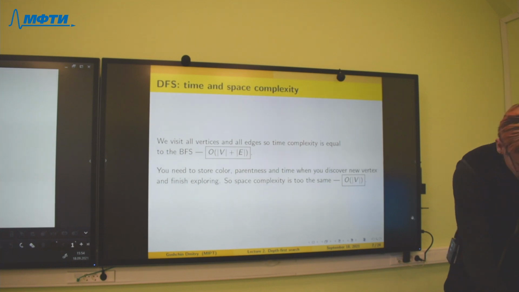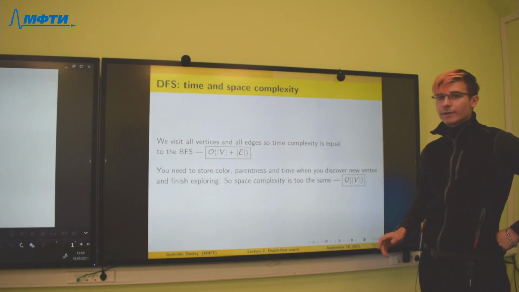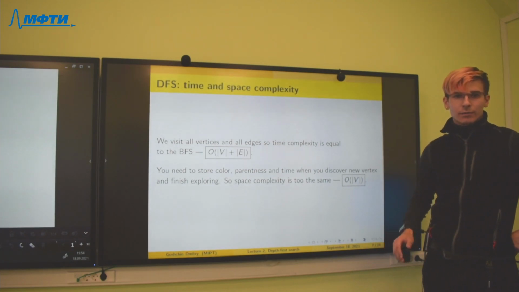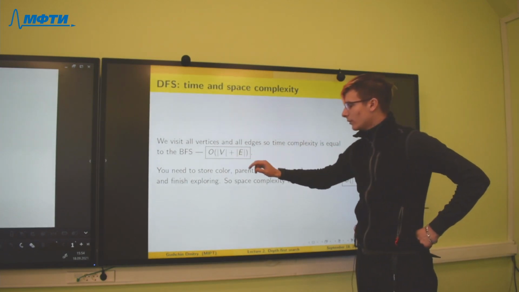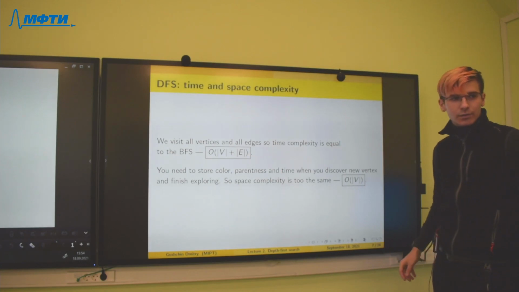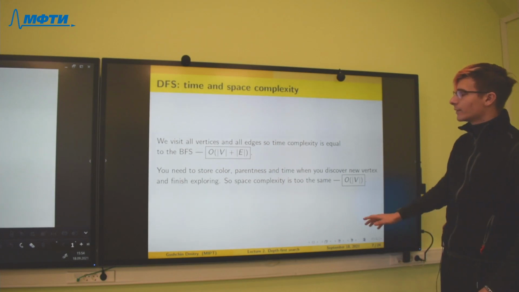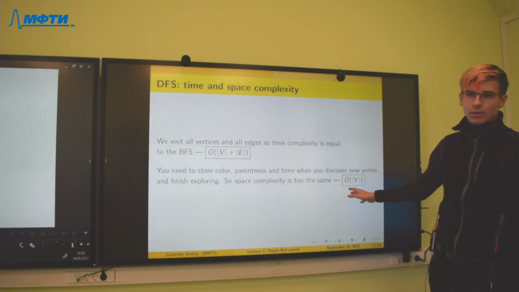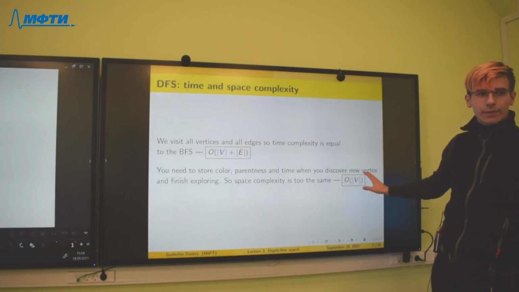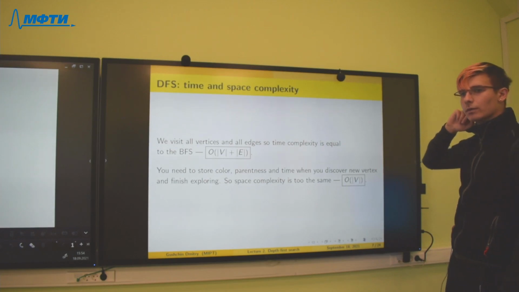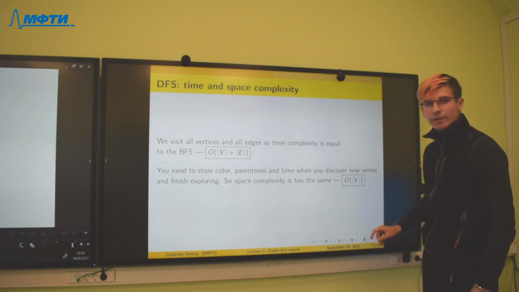About time and space complexity: remember that breadth first search has time complexity O of the number of vertices plus the number of edges. Remember it? Nice. And for DFS we have similar results. Do you understand why it is true? Why do we have this time complexity and this space complexity?